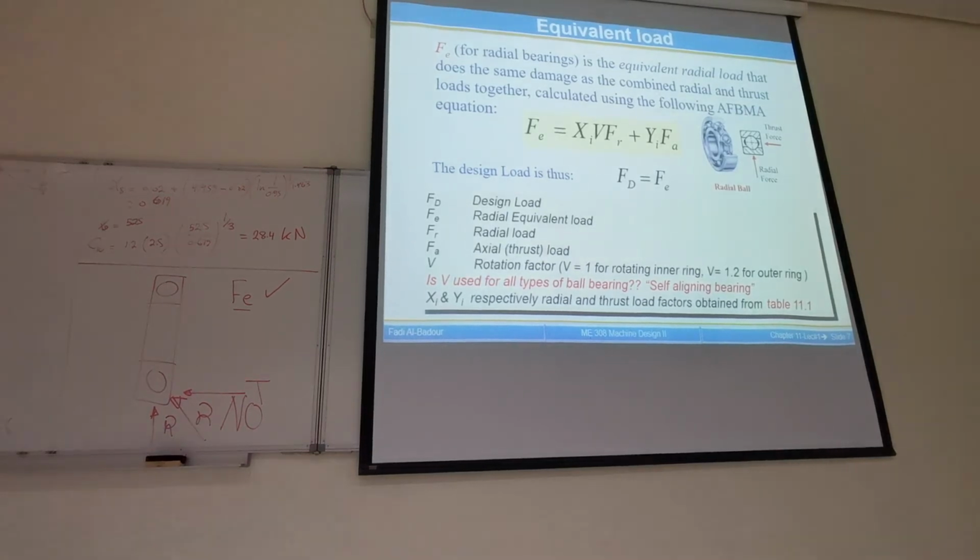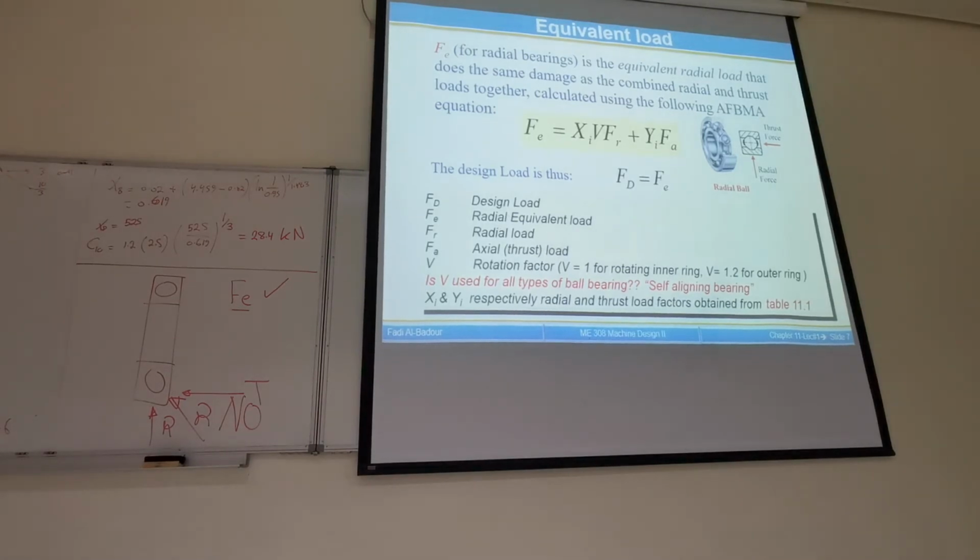Now, whenever the equivalent load is smaller than the radial load, for any reason, you are calculating and you notice you made a mistake, and instead of assuming that there is no effective thrust load, you consider the effective thrust load and calculate the equivalent load, you will find that the equivalent load is less than the radial load.